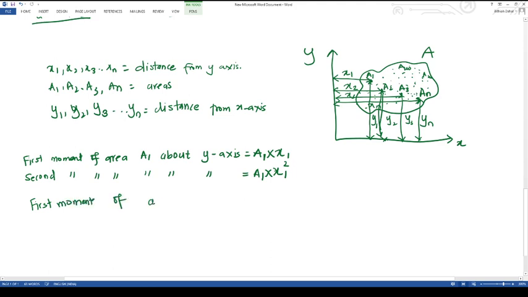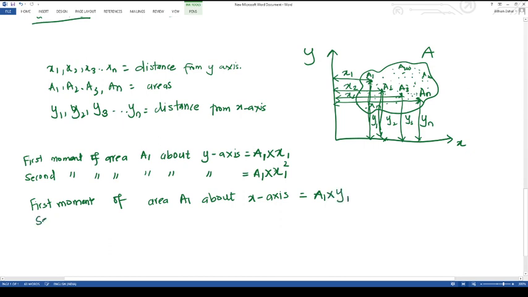First moment of area A1 about the x-axis will be equal to, now I am looking from this x-axis, from this direction. So what will it be? My area A1 is here and my distance is here. So my area A1 into the distance y1.